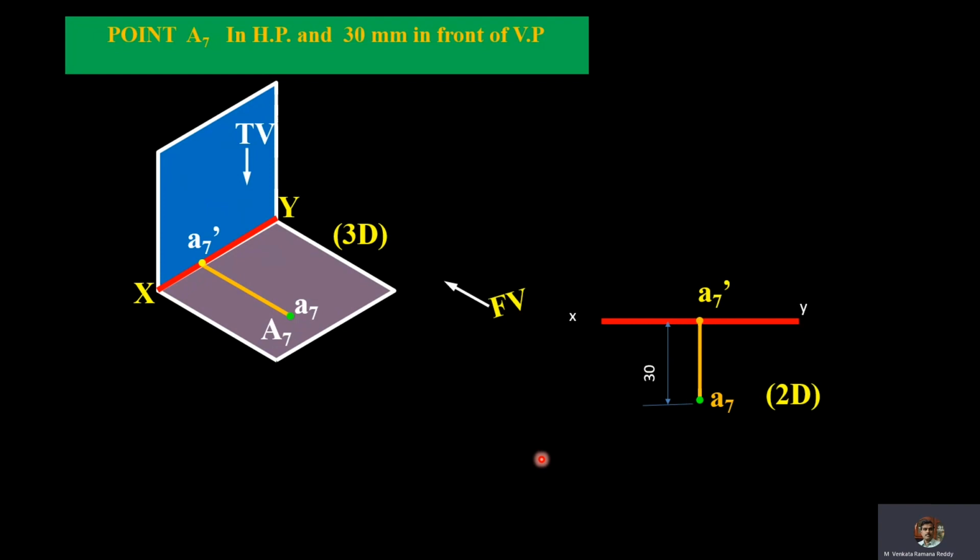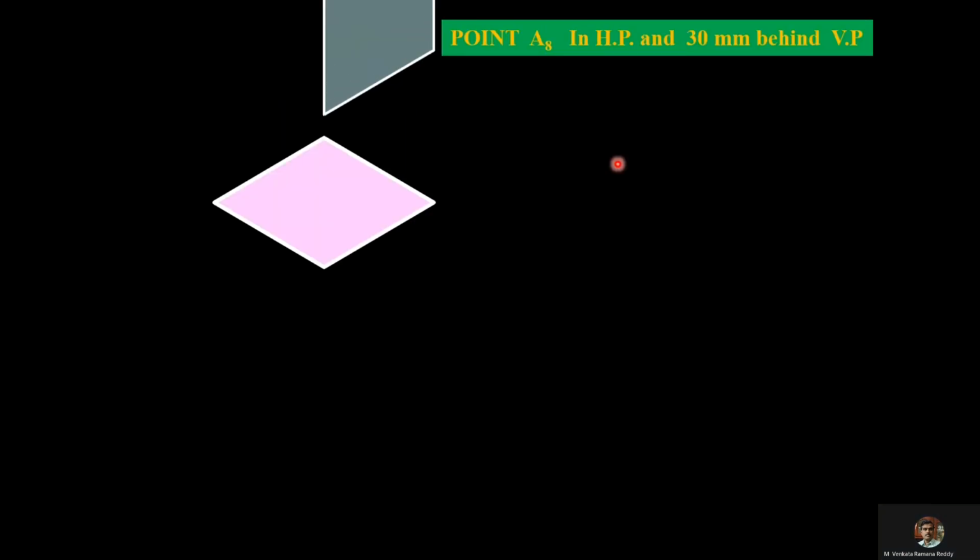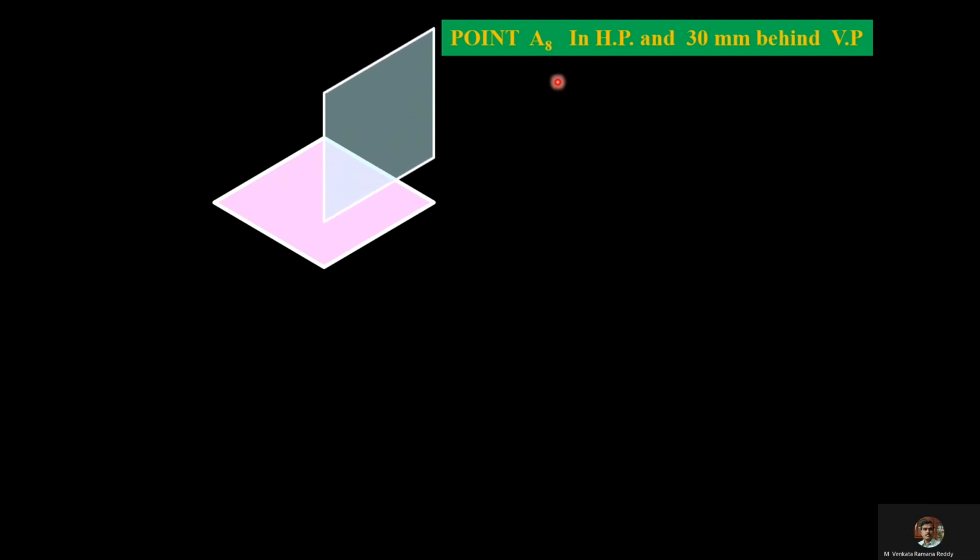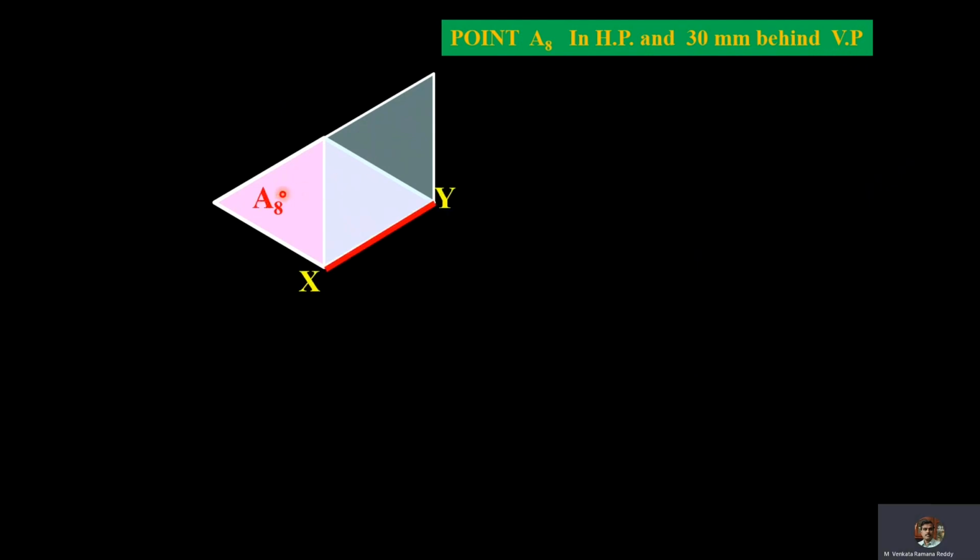Now we'll move to the next case. Point A8 is in HP and 30 mm behind VP. This is the point A8. Now we'll see the front view of A8. Its distance from the horizontal plane is 0. That's why its image falls onto the XY line.